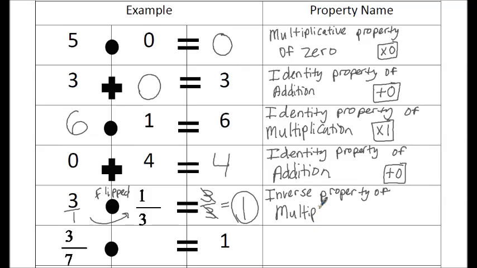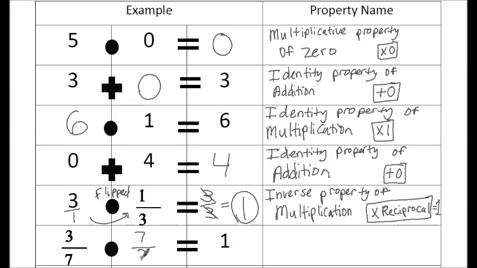Now you can tell if we're using the inverse property of multiplication if we are multiplying by a reciprocal, and when you multiply by a reciprocal, your answer is going to equal 1. If I have 3/7 and I want to multiply by something to equal 1, then I need to multiply it by the reciprocal.